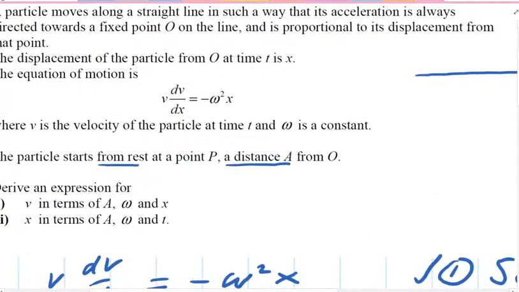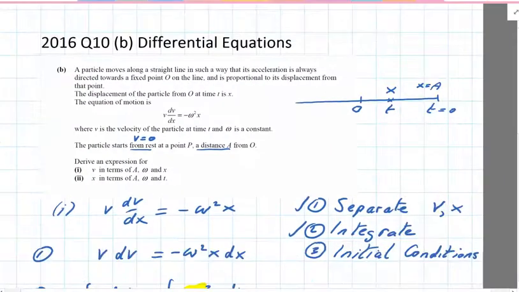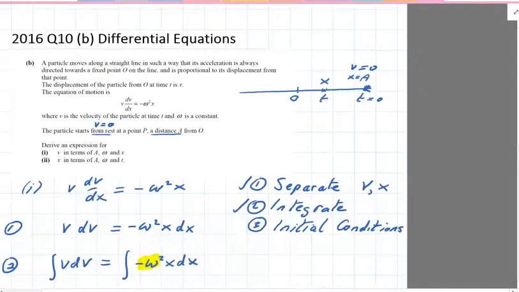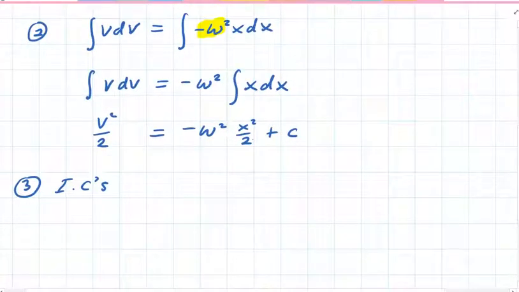We should have stressed that at the start. The particle starts from rest, so that means v is 0. Rest means no velocity. So at this point over here, v is 0. It starts over here. So v is 0 when x is a.